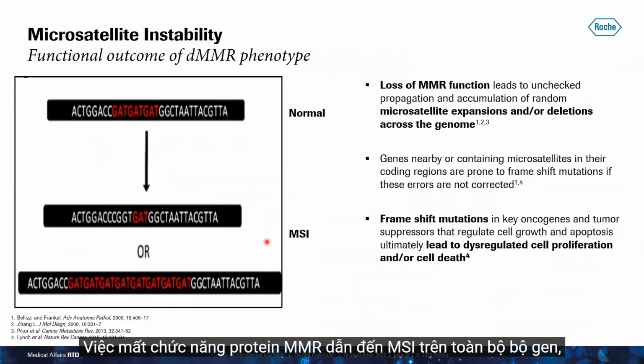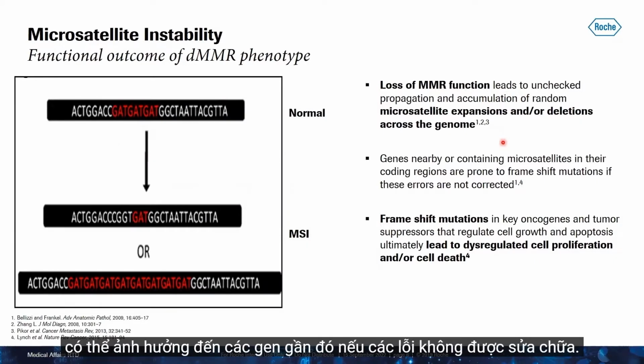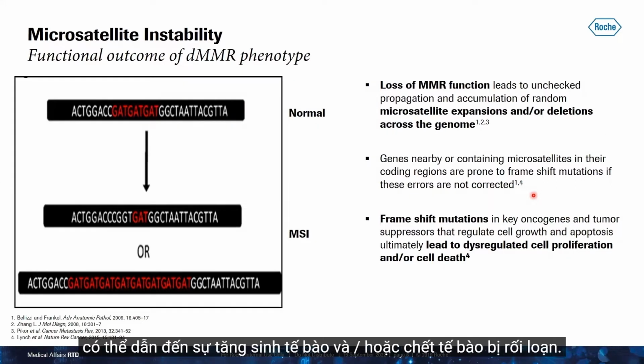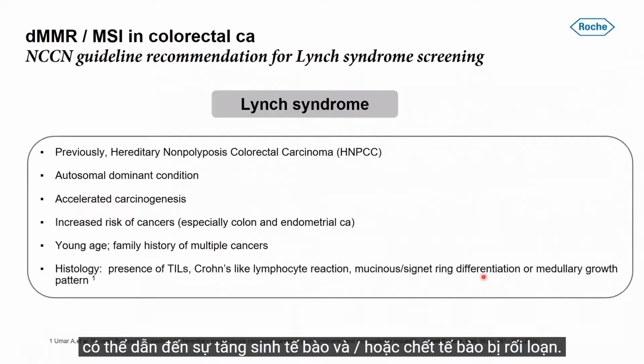The loss of MMR function resulting in MSI across the genome can affect genes nearby, and if not corrected, when the mutations occur in key oncogenes and tumor suppressors, this leads to dysregulated cell proliferation and/or cell death.